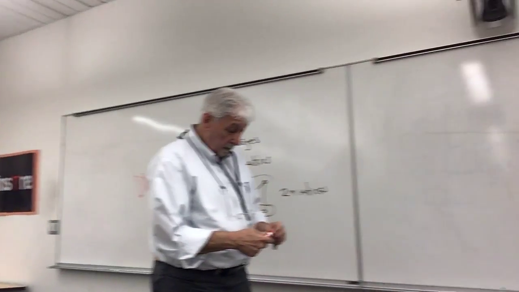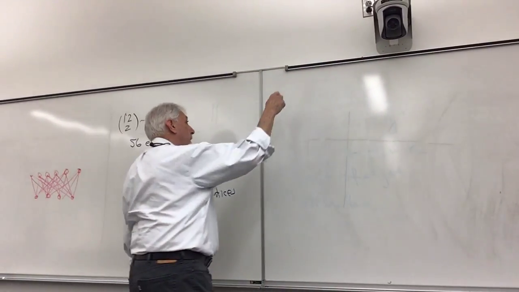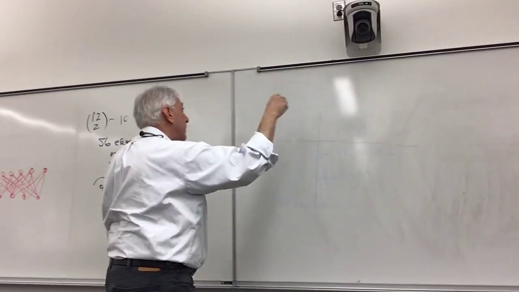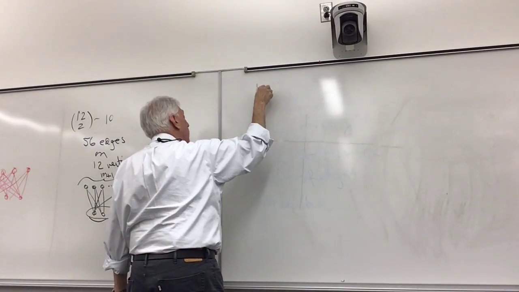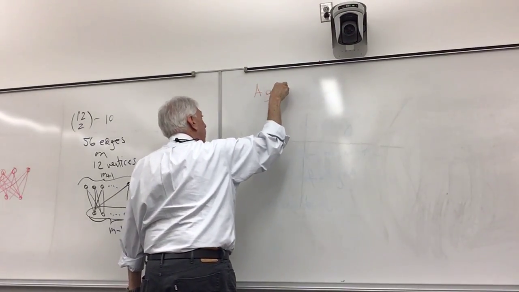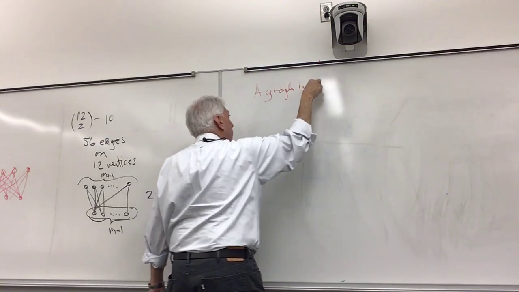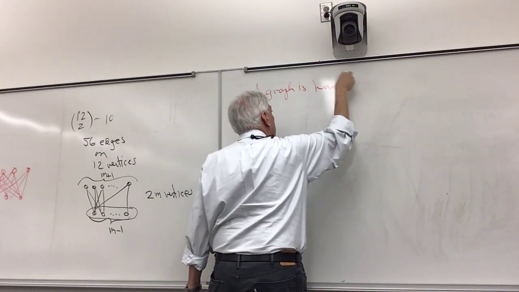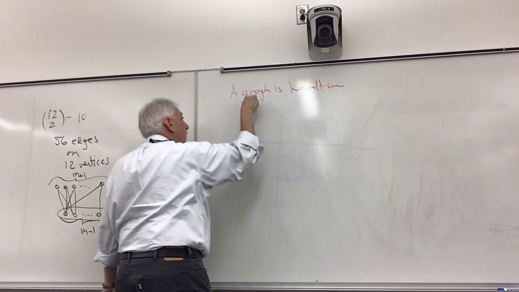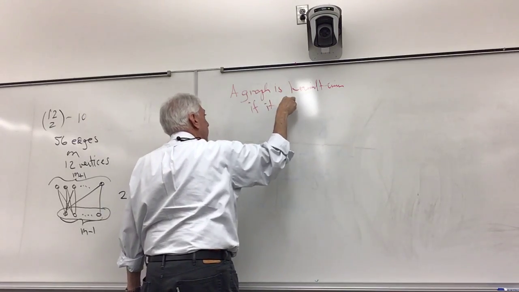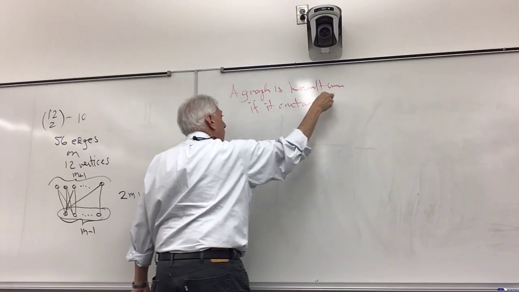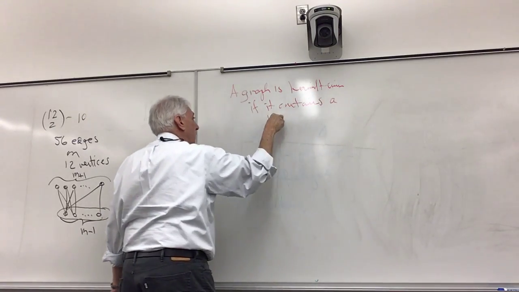Let me define this. A graph is Hamiltonian if it contains a Hamiltonian cycle.